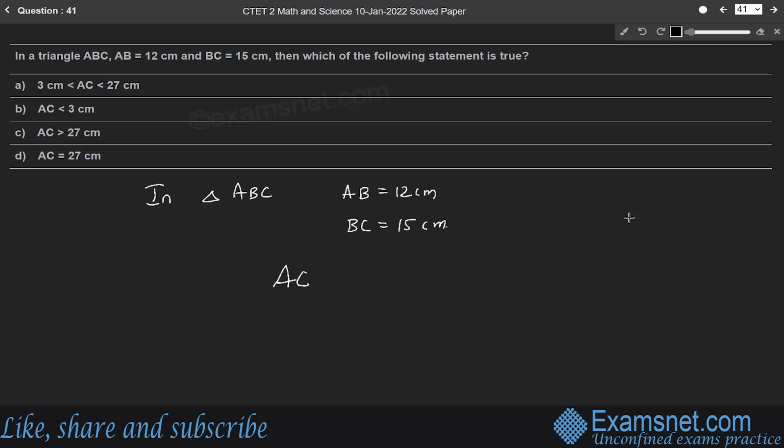It lies between the greater side minus the other side, that is 15 minus 12, and 15 plus 12. So the measure of AC lies between 3 and 27. Therefore, option A is the right answer.